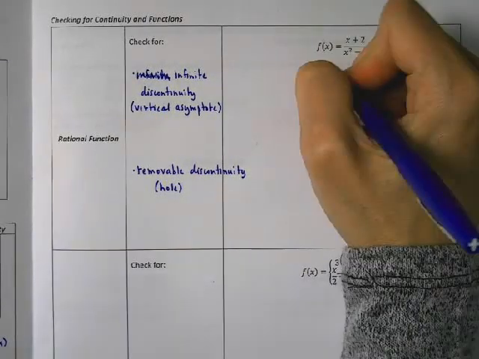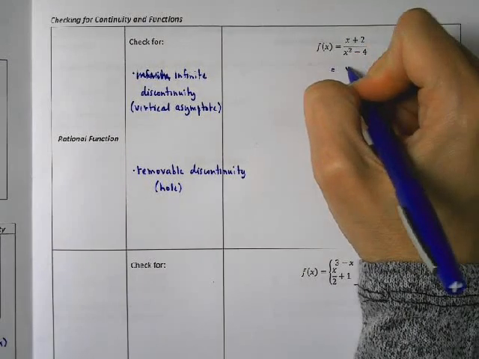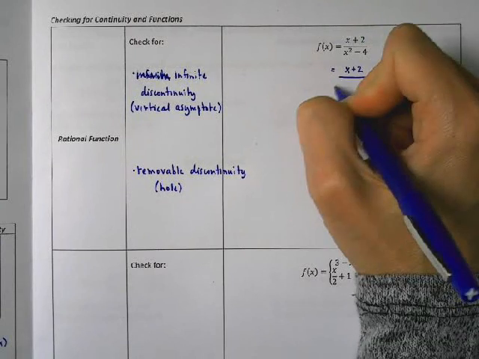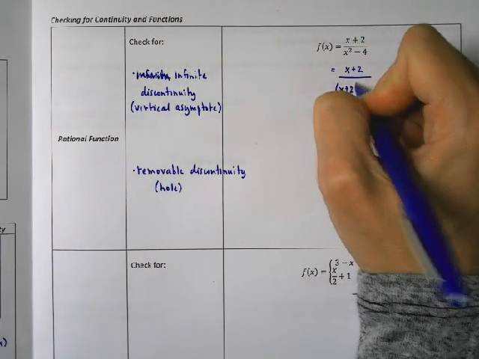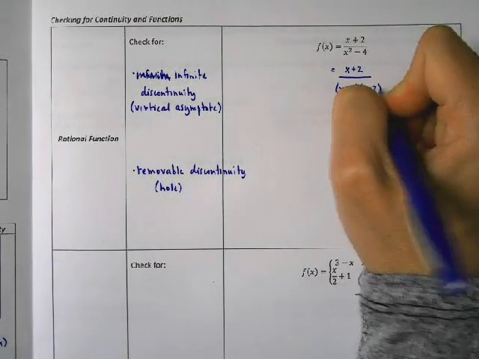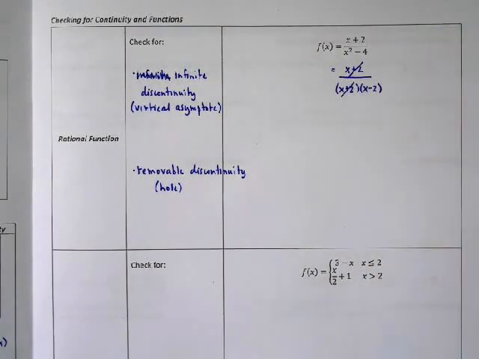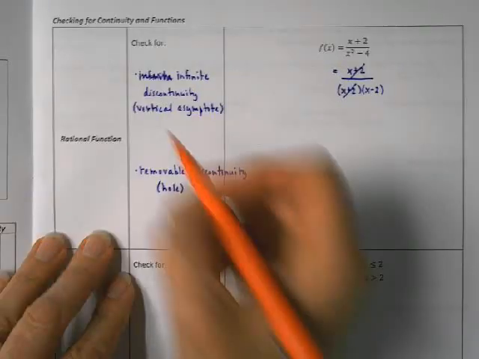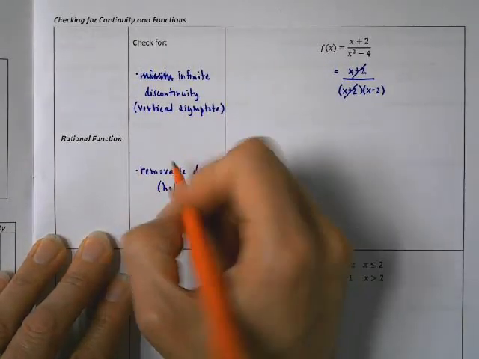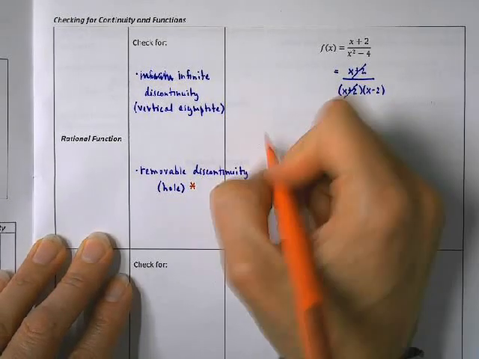So when I see this function, the first thing I think of is that I can factor the denominator. So I'm going to go ahead and do that. So right away I notice that those x plus 2's cancel out. So I have a hole at x equals -2. So I'm going to make a note here.